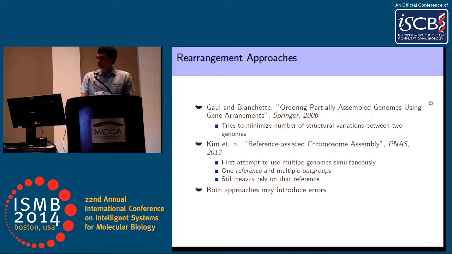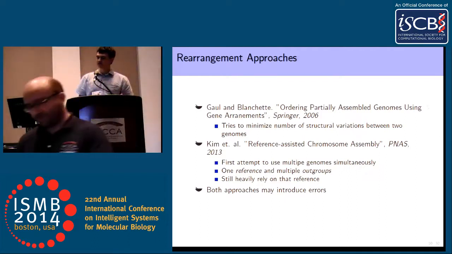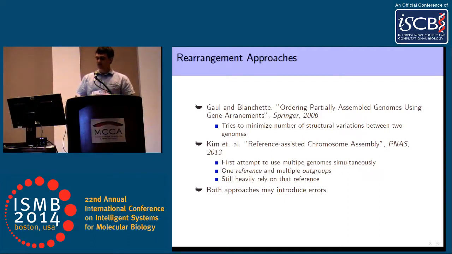Actually, there are some methods. In 2006, Gold and Blanchet proposed a procedure that orders contigs so as to minimize the number of structural variations between the contigs and the reference. And very recently, Kim and his colleagues proposed a tool called Ragout, which actually was the first attempt to use multiple references simultaneously. Actually, it used one reference and multiple other genomes that can also help in ordering the contigs.